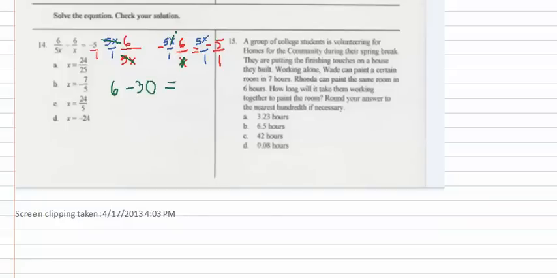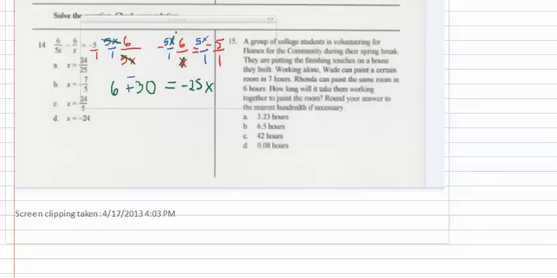And at the other side, nothing cancels, but I need to multiply 5 times negative 5, which is negative 25x. Okay, now I'm going to add these together, and that is going to be 6 and a negative 30.